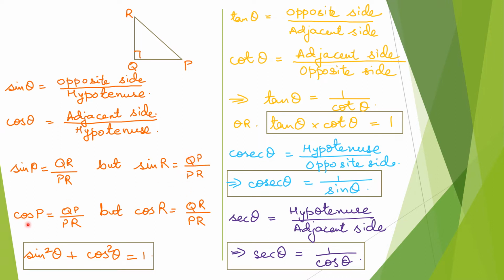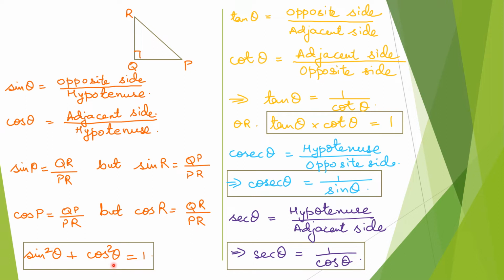Let's look at cos of an angle. Cos of P is adjacent side by hypotenuse. So for angle P, the adjacent side is QP and the hypotenuse is the same, that is PR. But when I say cos R, for R, the adjacent side is going to be QR divided by PR.